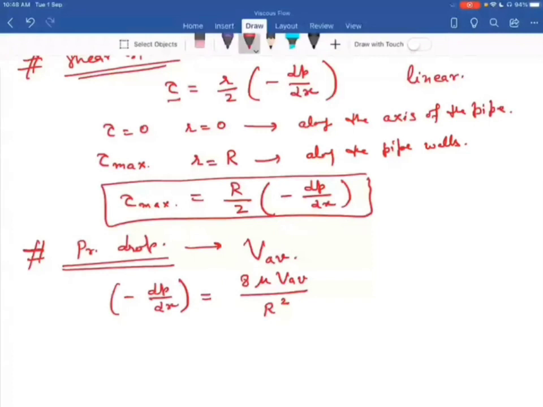Now again you consider 2 points. This is the circular pipe, and this is the reference section.